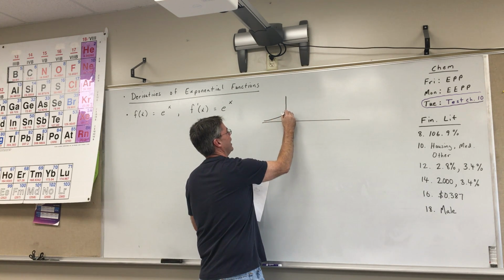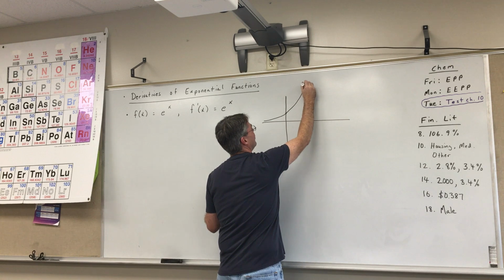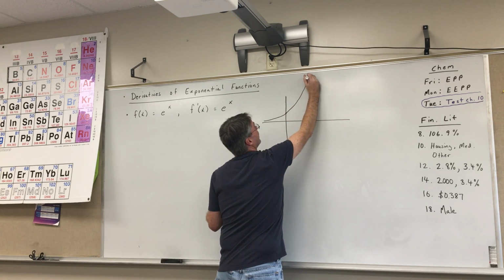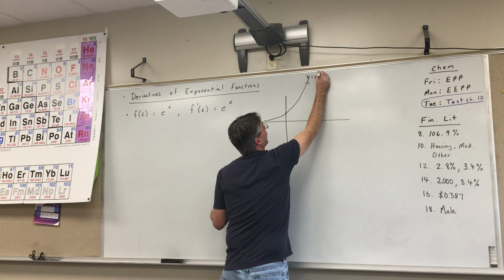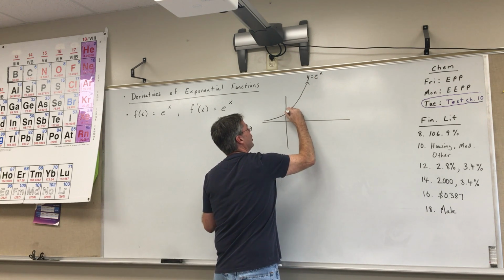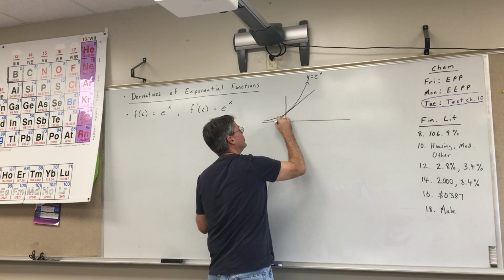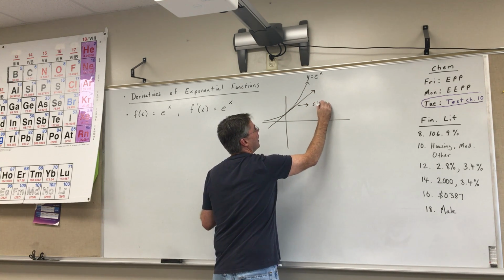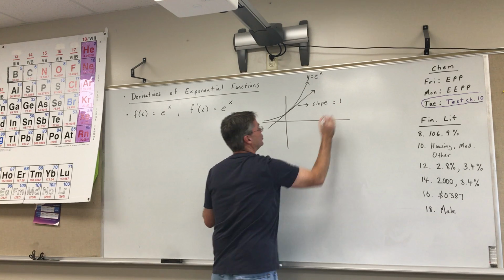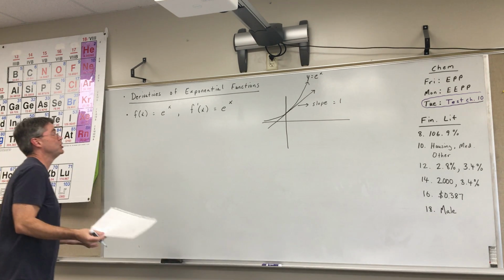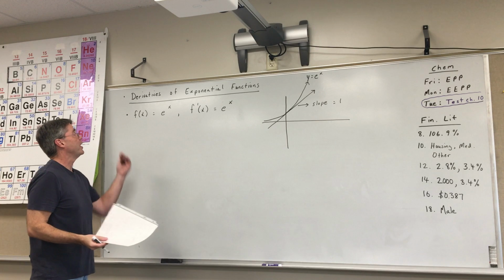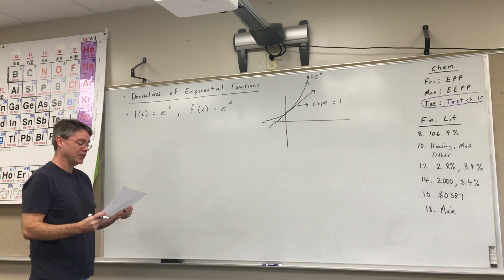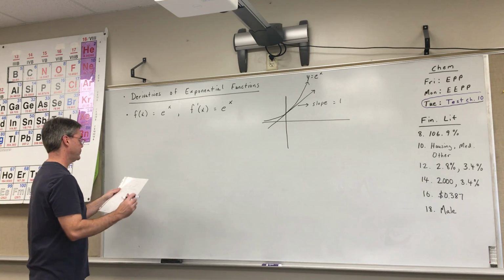If we were to graph that, and we did this on the first lecture of this chapter, we know that the slope of the tangent line at x equals 0 is equal to 1. The derivative is just a slope. So f prime of x is just going to be the same thing, e to the x.